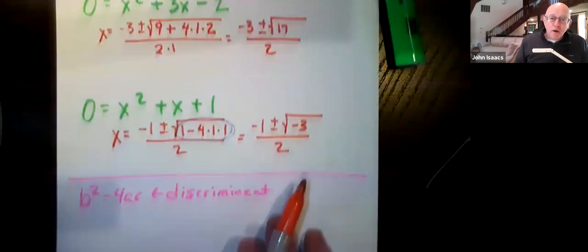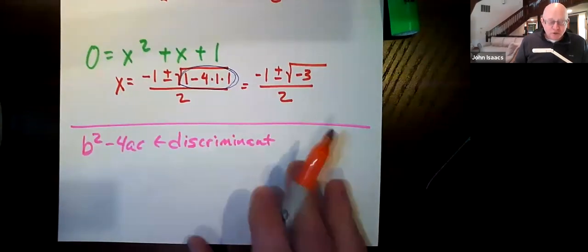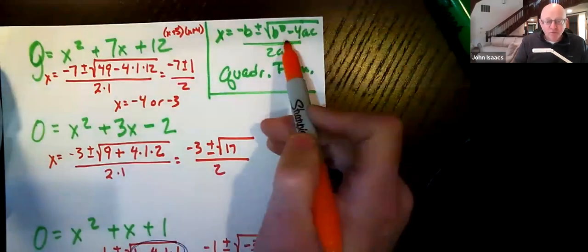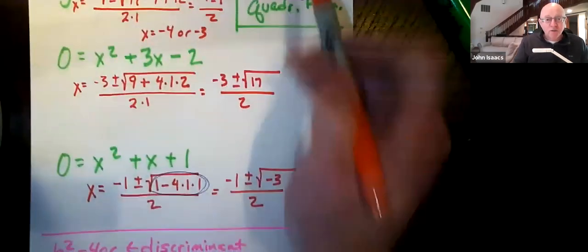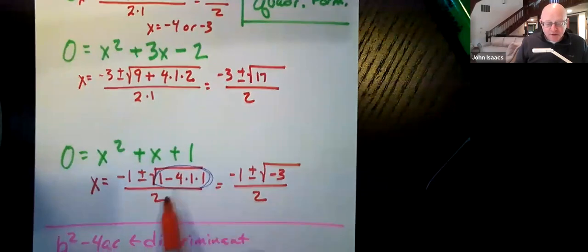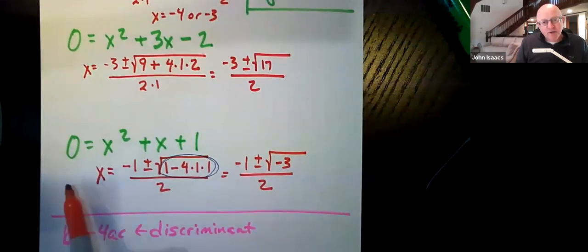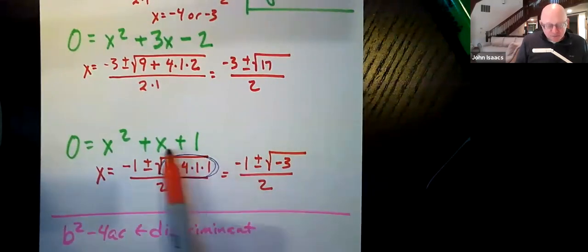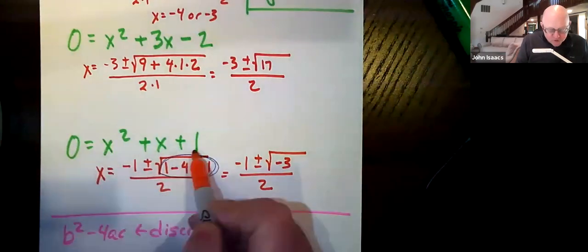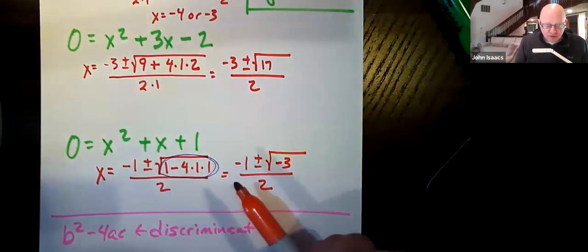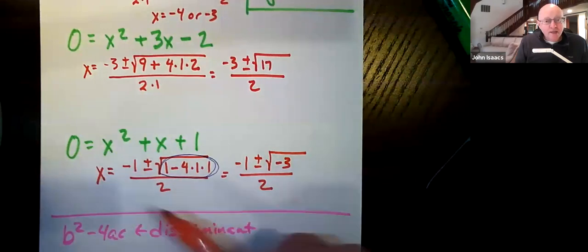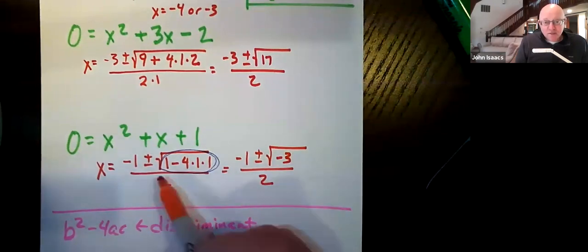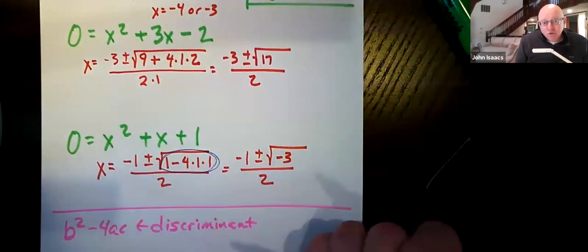But we have a special name for this part of the quadratic formula because of what it does here. The other thing that happens here, in addition to not having any solutions, is that if you imagine y equals x squared plus x plus 1, then this parabola would never cross the x-axis.